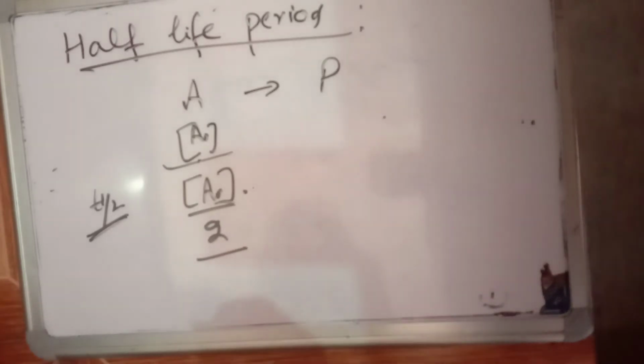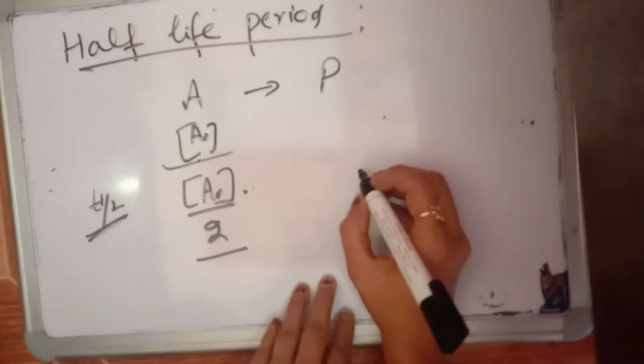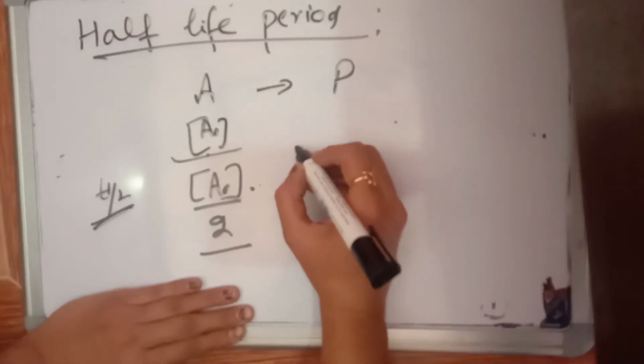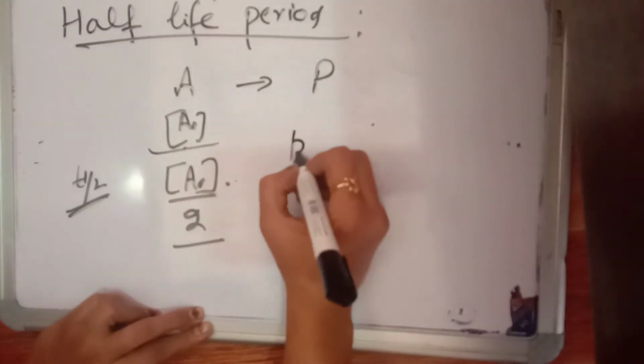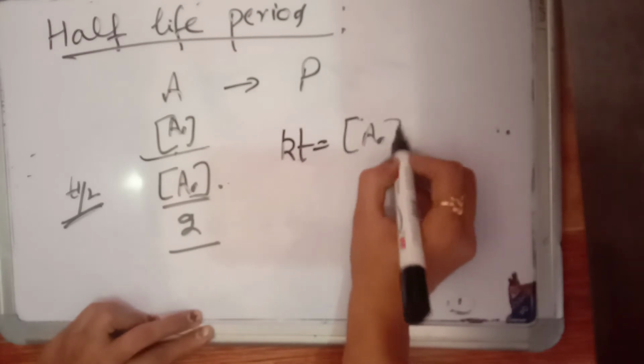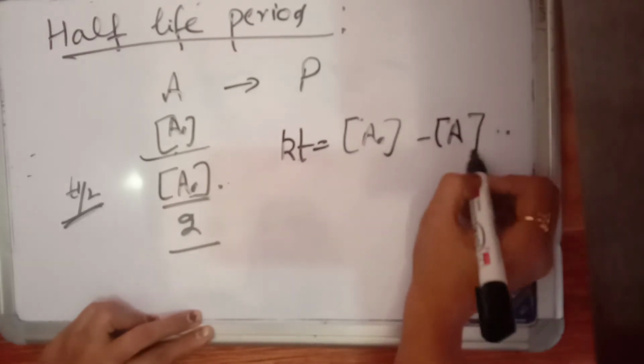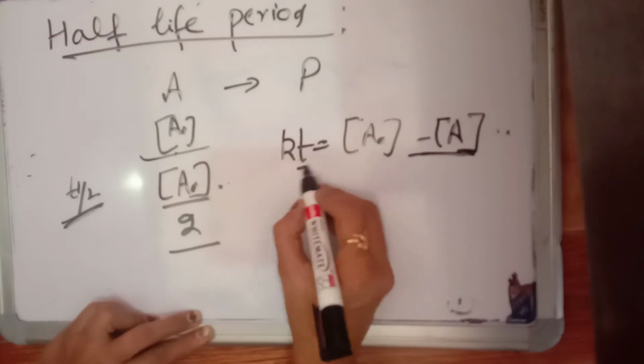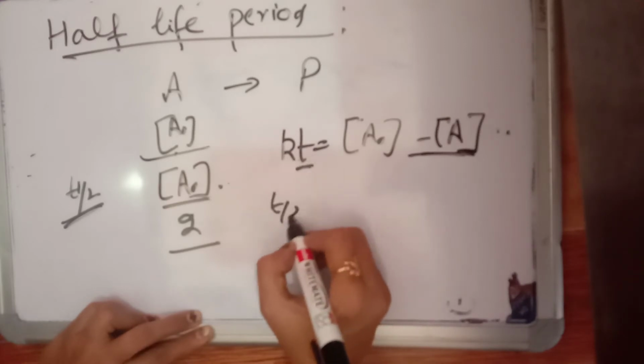So to calculate the half-life period of zero order reaction, this is the rate law expression for zero order reaction. Now we want to calculate t half.